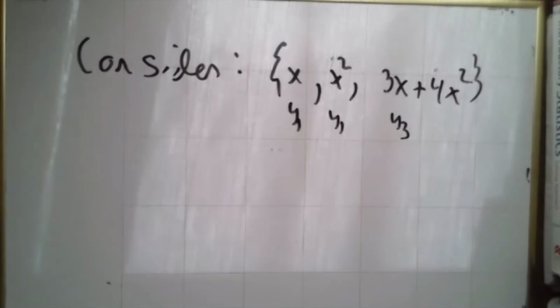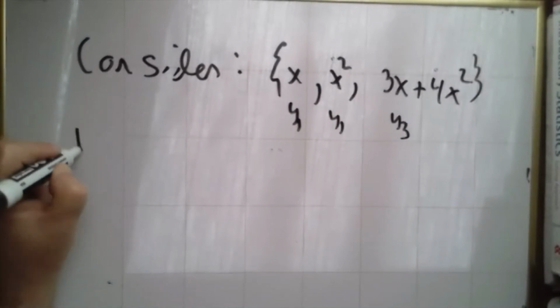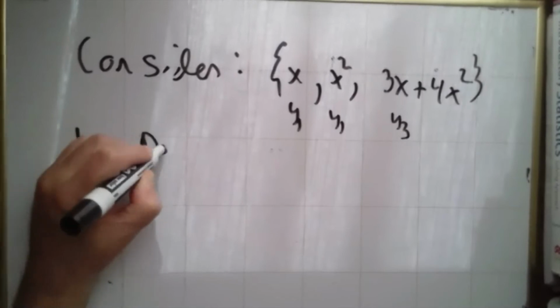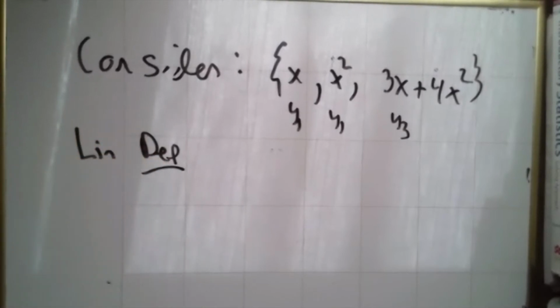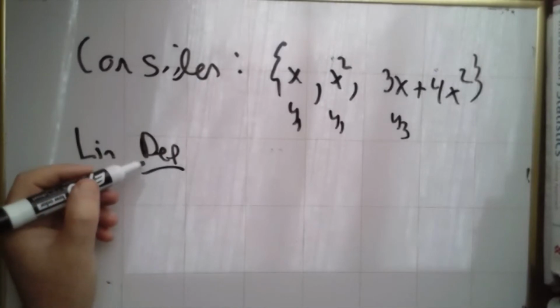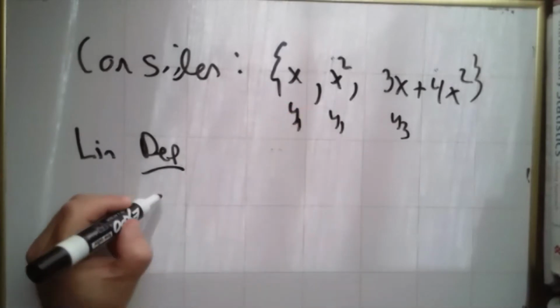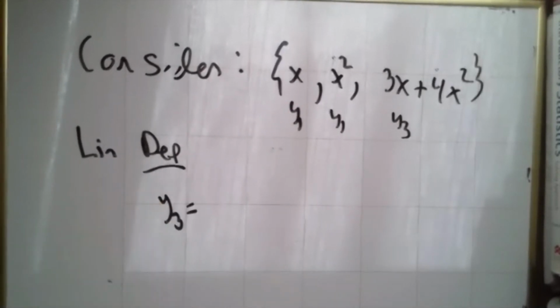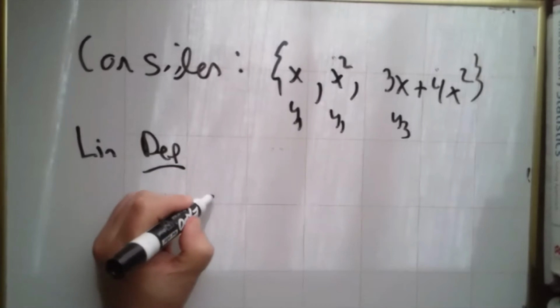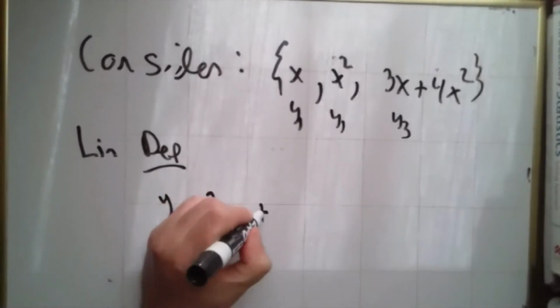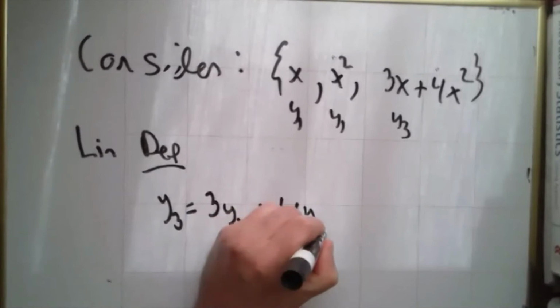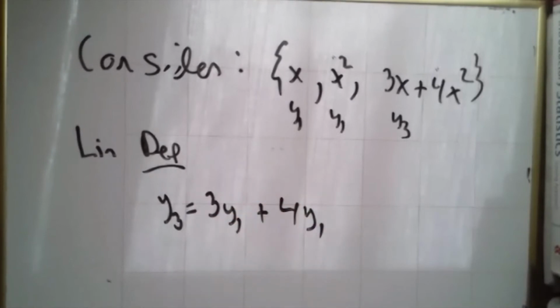This set is linearly dependent. That's bad. We don't want dependence. We want independence. Why is it dependent? Because this guy is really just those two combined together. y3 is just a combination of 1 and 2. It's 3 times the first one plus 4 times the second one. That makes this set linearly dependent. Dependent is bad.